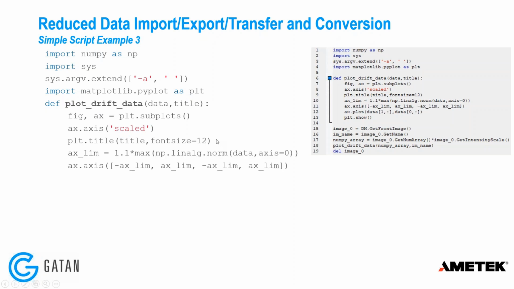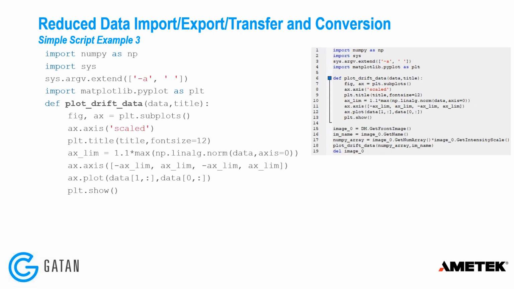And then maybe set some axis limits that are defined by my data itself. And then finally, I'll call the plot command to actually create the plot from my data, and then show, which is the very last command that you would always use when using matplotlib.